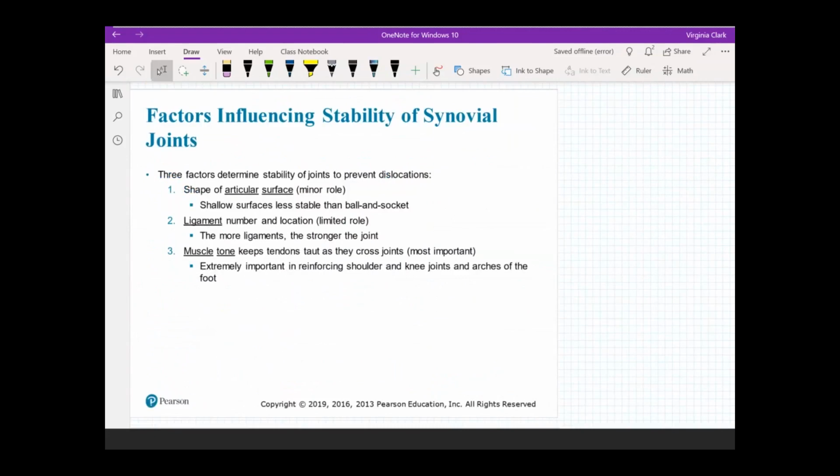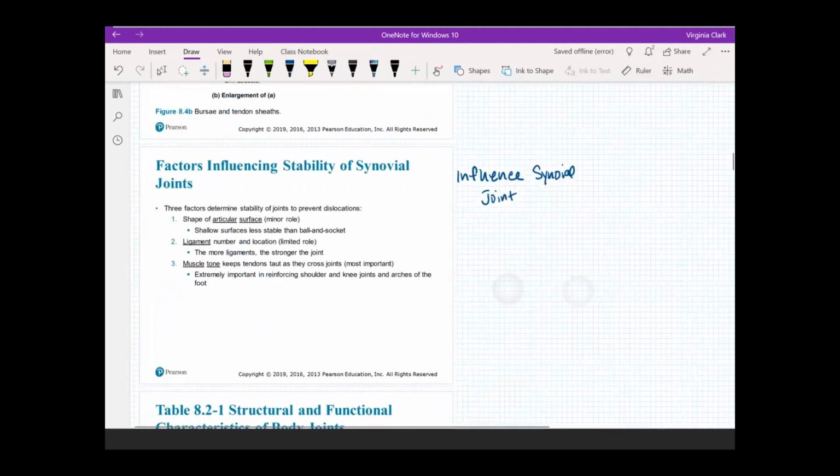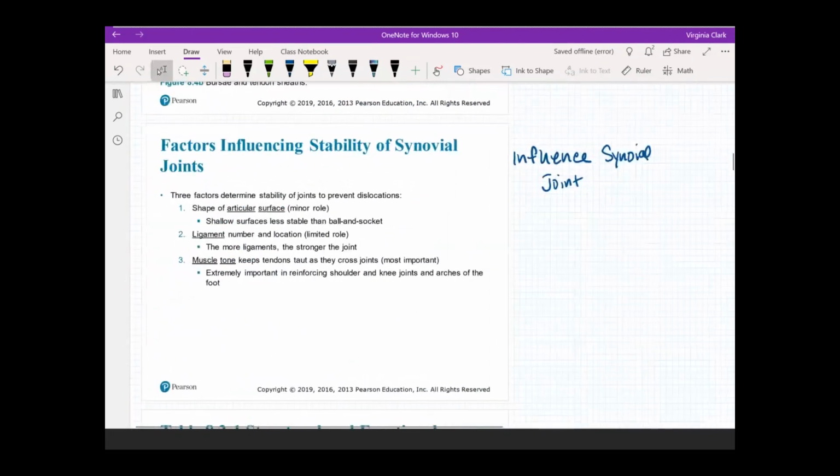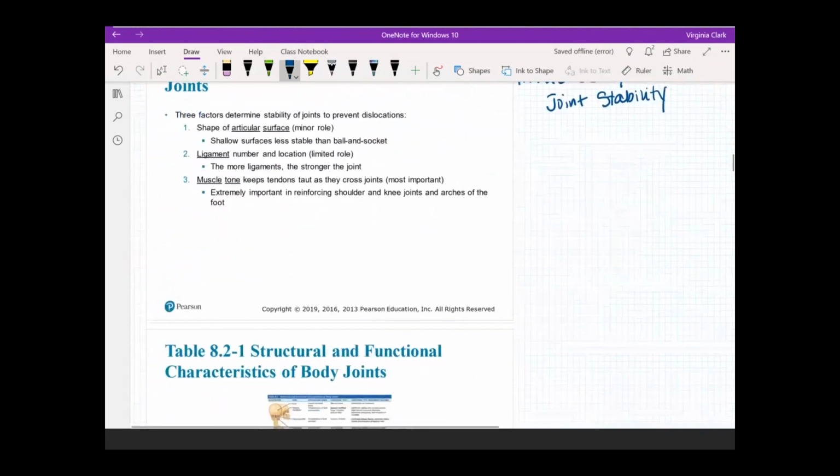There are a couple of different things that will influence synovial joint stability, making it super strong or needing a little more help being stable. There are 3 factors that will help with your joint stability. First one is going to be the shape of the articular surface.